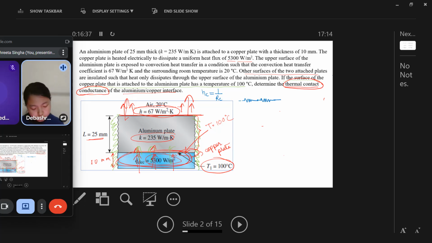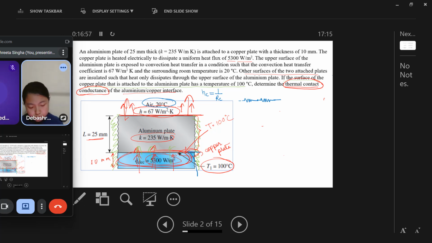Here the temperature at the interface is given to be T1, that is 100 degrees Celsius, and the temperature at the surface is given to be around 20 degrees Celsius, that means the outside surface. So in between these two temperatures, what are the resistances which you encounter?